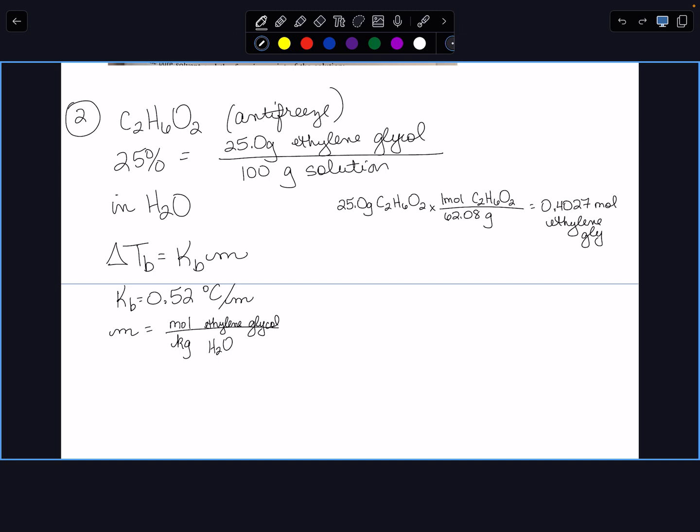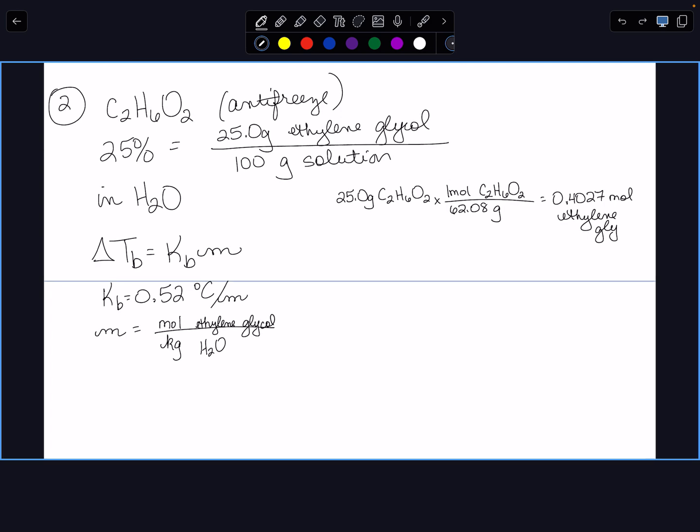Can y'all tell me what to do next? You've got to convert the grams of water to kilograms. So my top number here is going to be 0.4027 moles of ethylene glycol.